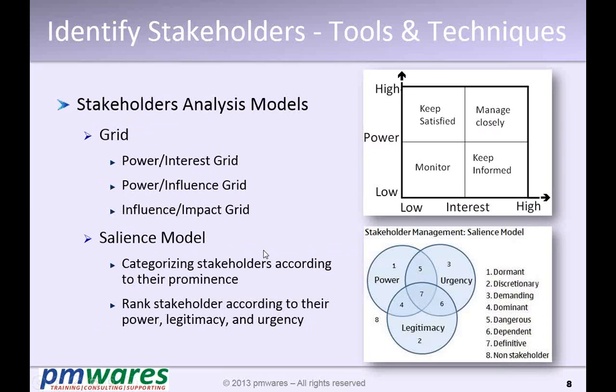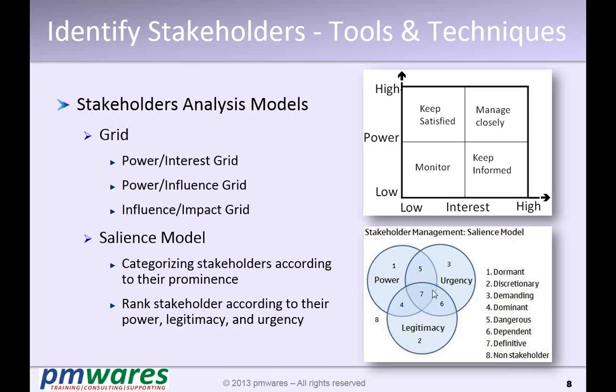One of the important tools, which is quite popular and greatly used, is the grid model. There are two models: one is the grid model, another is the salience model. The salience model is there, but it is not so popular or used.